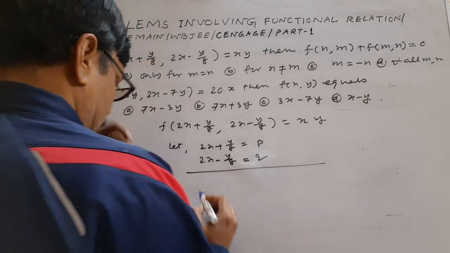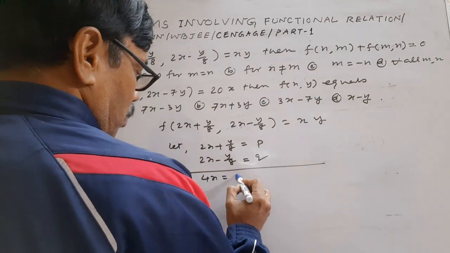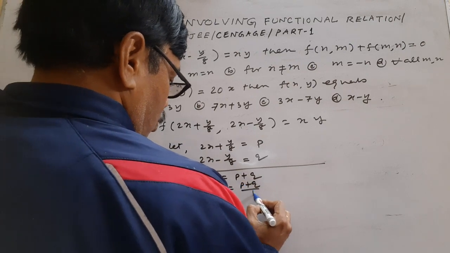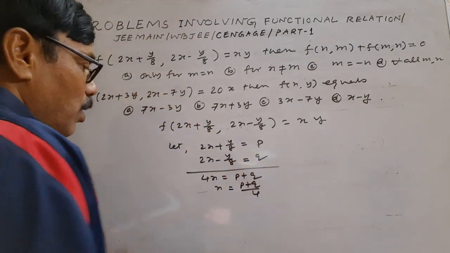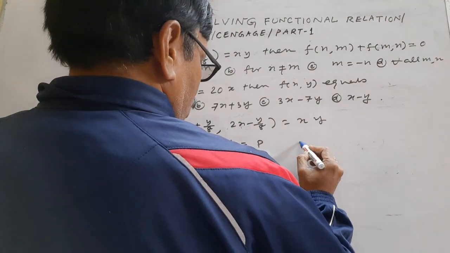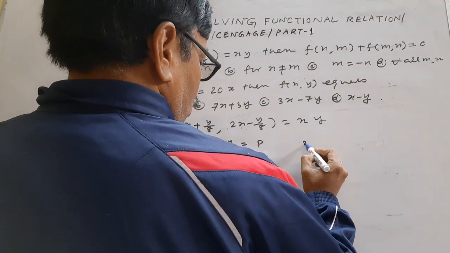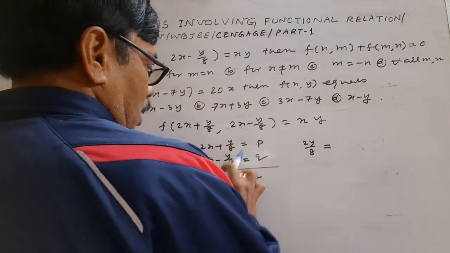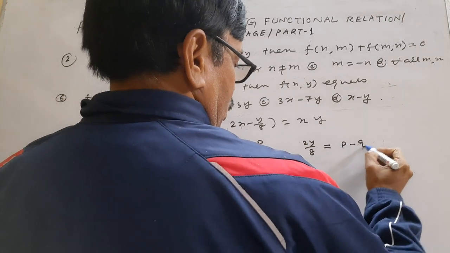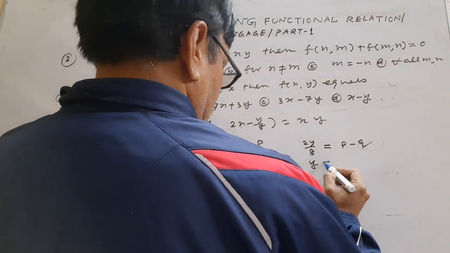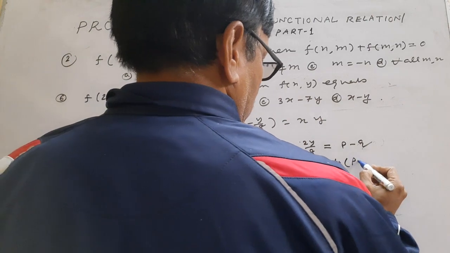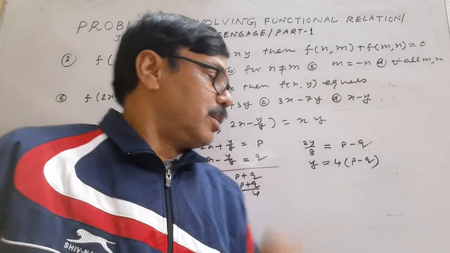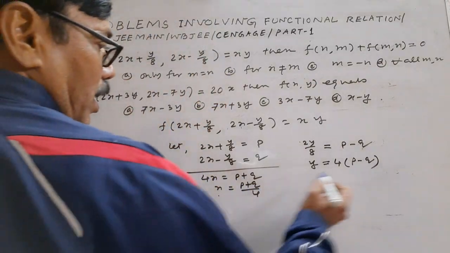So if we add, 4x = p + q, so x = (p+q)/4. Now if we subtract, 2y/8 + 2y/8 = p - q. So y = 4(p-q). So this is our value of x and y.